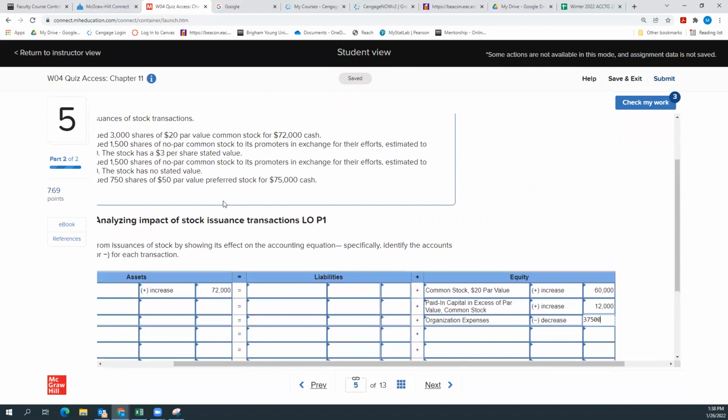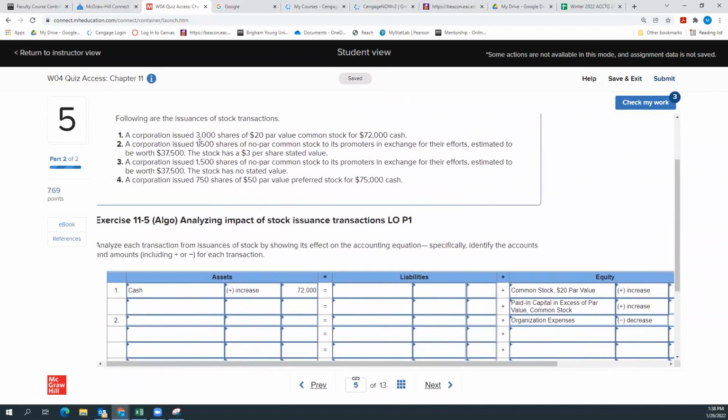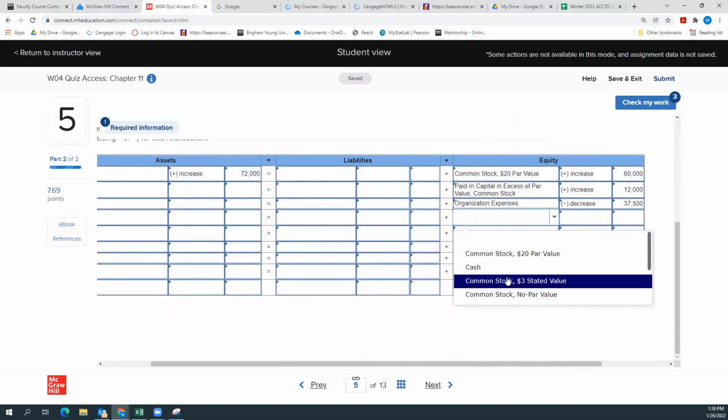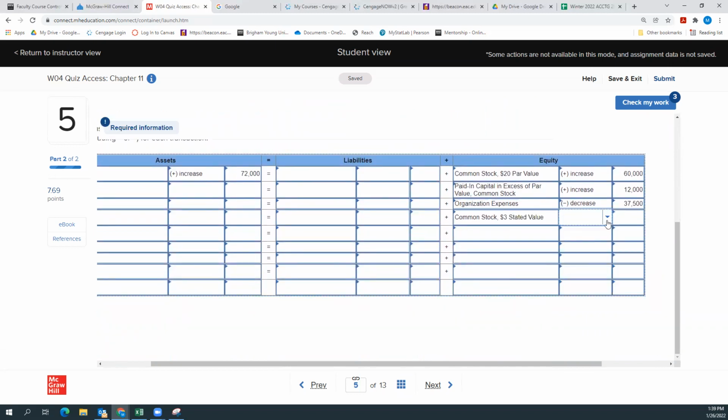And then we can do the entry for the 1,500 shares of $3 per share stated value common stock. We'll list the stock here as common stock, $3 stated value. This will be an increase to our common stock account.